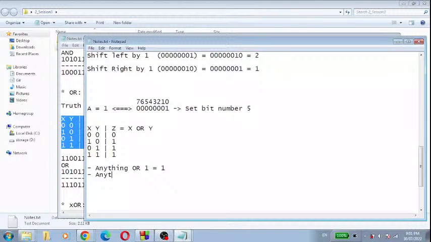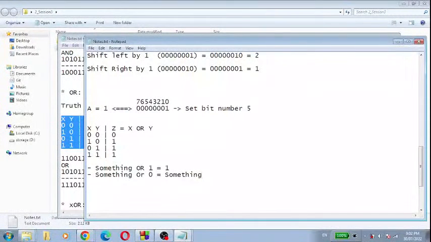Something ORed with 1 is going to be 1, and something which is ORed with 0 is going to be the same something.